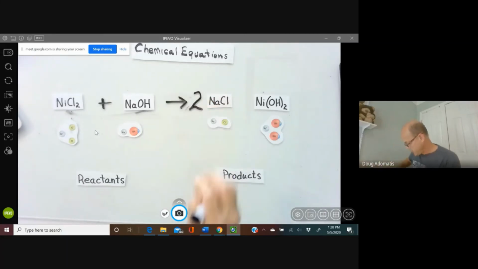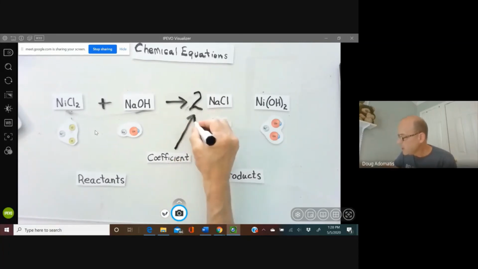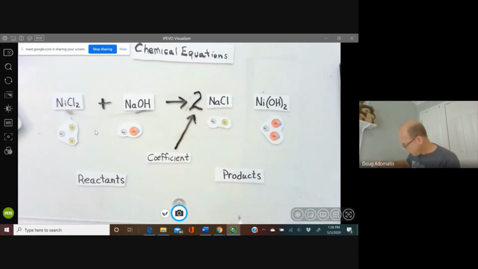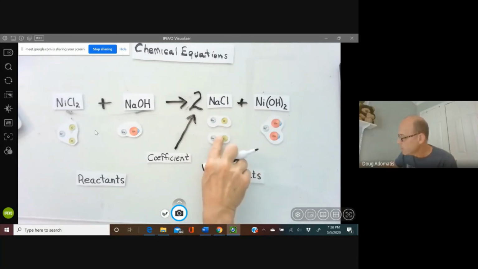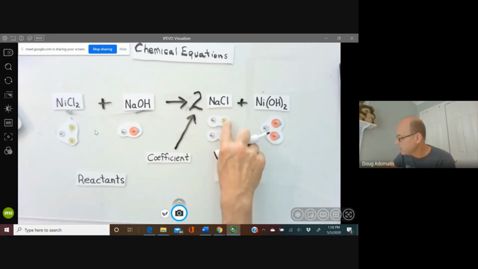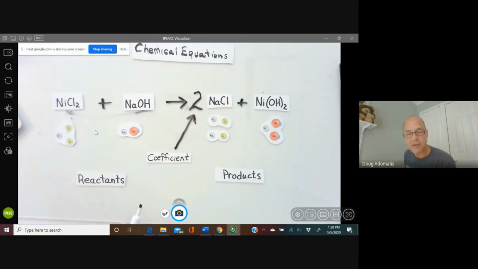You can actually put a coefficient of 2 in front of the sodium chloride, and what that does is it multiplies everything that follows in this term by 2. So now I have 2 sodiums and 2 chlorines, all right? So there's my 2 chlorines, and there's my 2 chlorines over here. So as far as the chlorines are concerned, they're in balance.